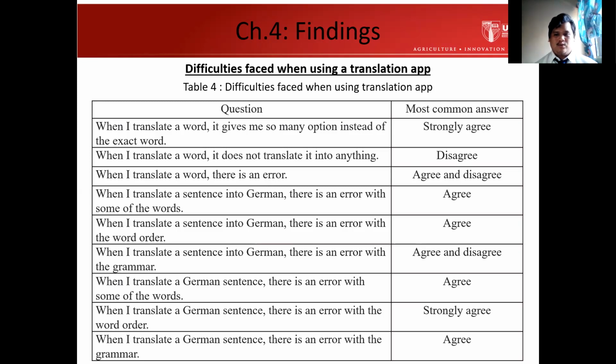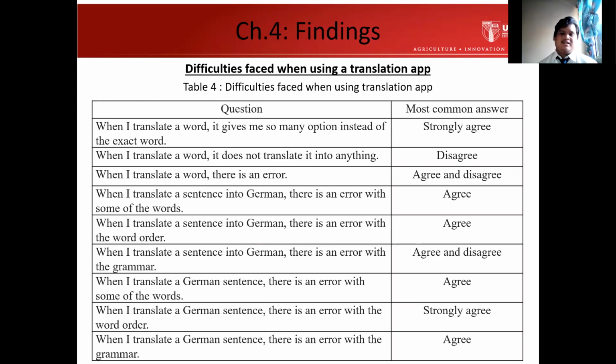So for this, we can conclude that when a student types a text in the translation app, it will give out a translation. Now, in the next part, the opinions are split between agree and disagree: when I translate a word, there is an error.